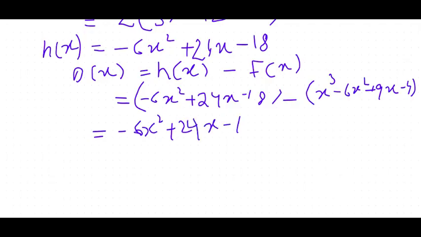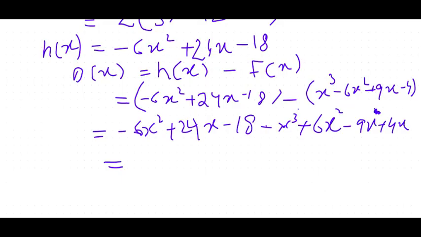We get minus x cubed, plus 6x squared, minus 9x, plus 4. We write it as minus x cubed because we have only one x cubed term. The x squared terms cancel, and we have 24x and 9x, so 24 minus 9 gives a number.